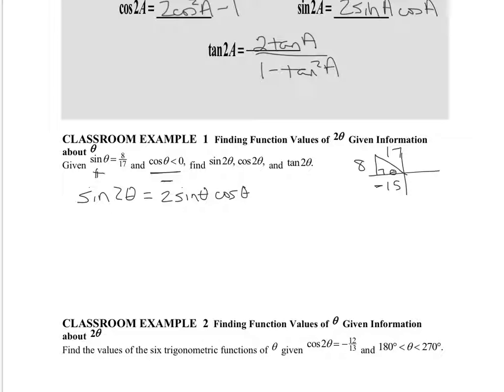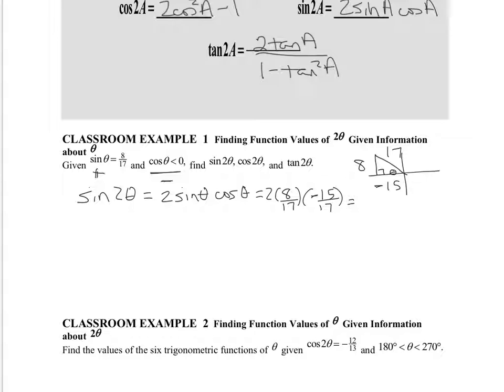So if I'm looking at my triangle, that means it's 2 times my sine is the one they gave me. That was 8/17. Looking at my triangle, what's my cosine ratio? Negative 15/17? Agreed? Okay. All I'd have to do is multiply all these parts together.